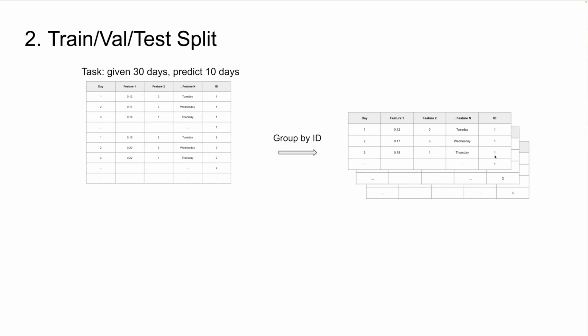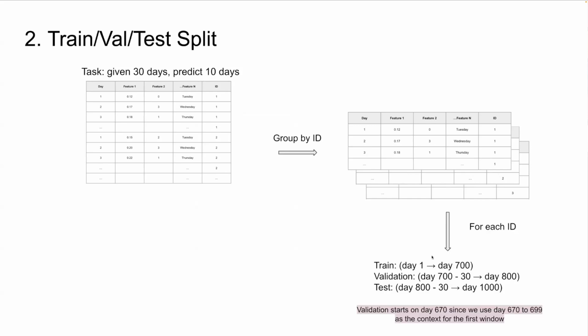We'll take the IDs that equal 1 and put them in one 2D array, and all the IDs that correspond to 2 in a different 2D array, etc. For each ID, we'll do the train test split. In this case, I'm supposing that the entire data set has 1,000 days, so each ID has 1,000 times n, where n is the number of features.